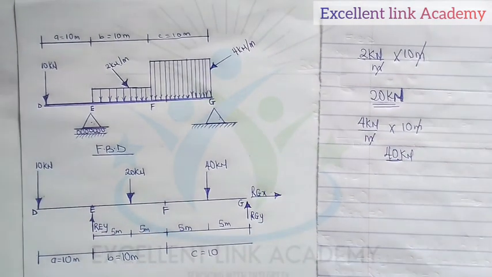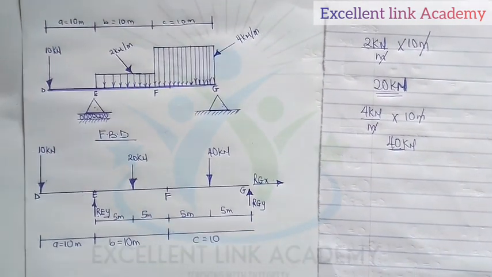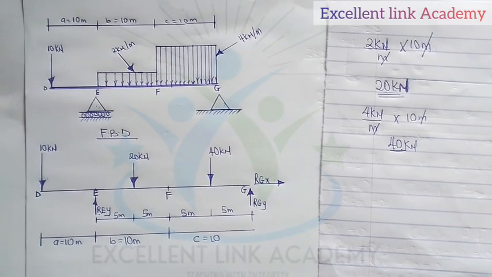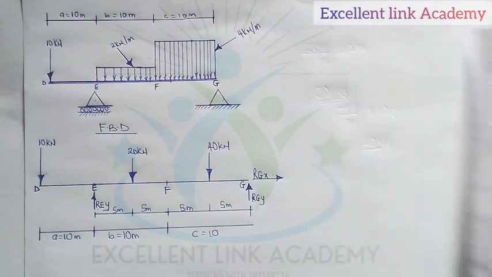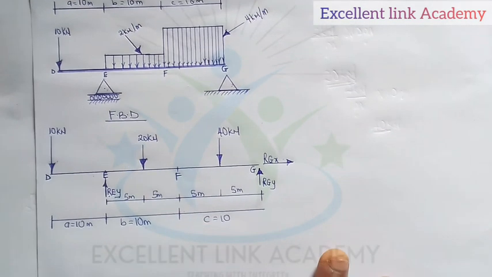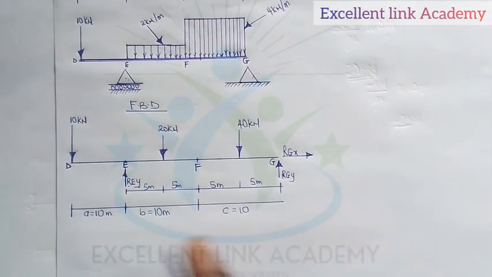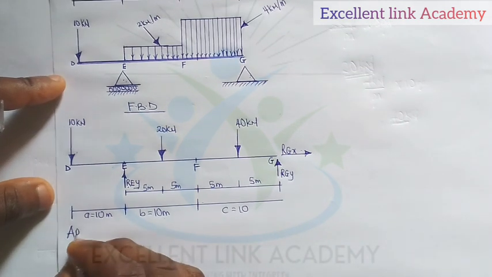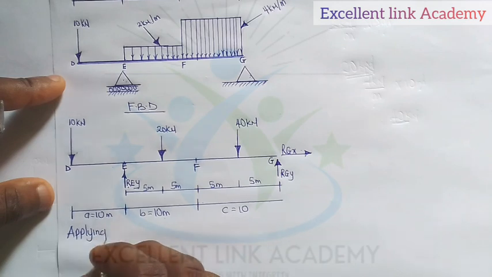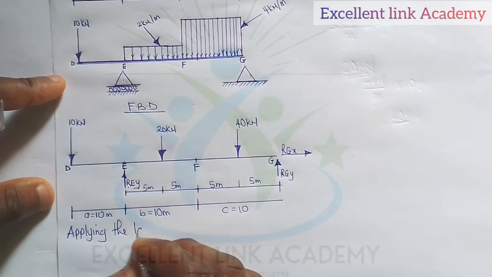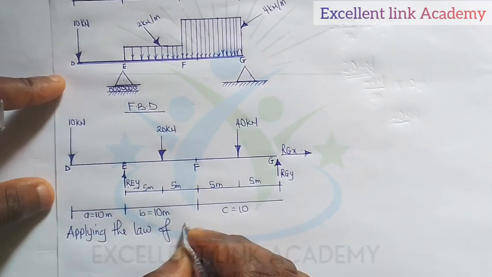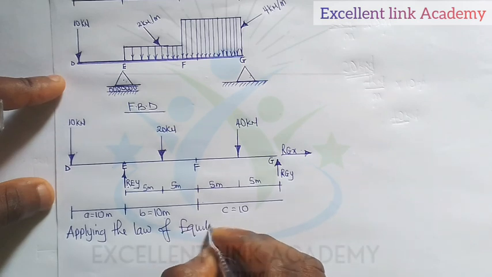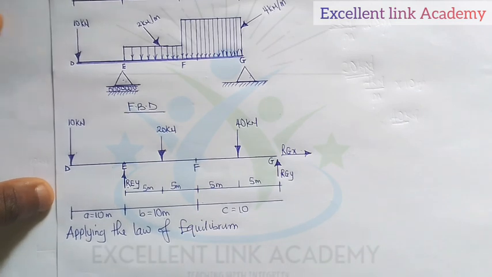So our next task is that, if you observe closely, we can solve this using the law of equilibrium, right? So applying the law of equilibrium, what will I be having?